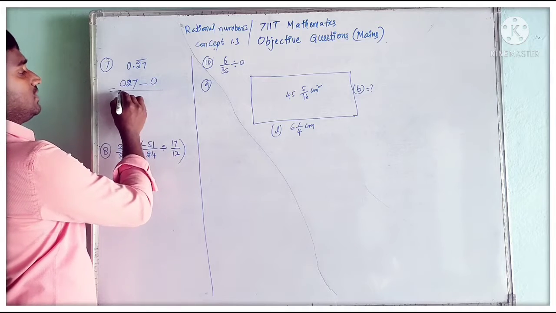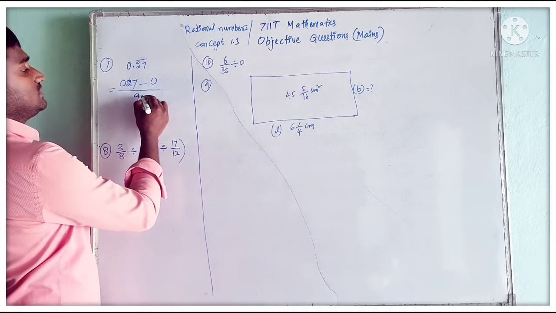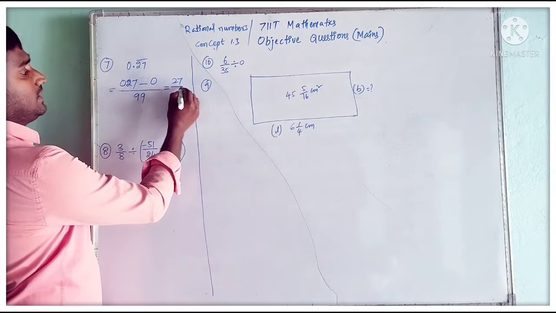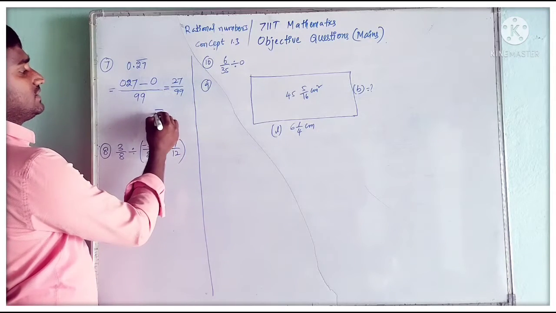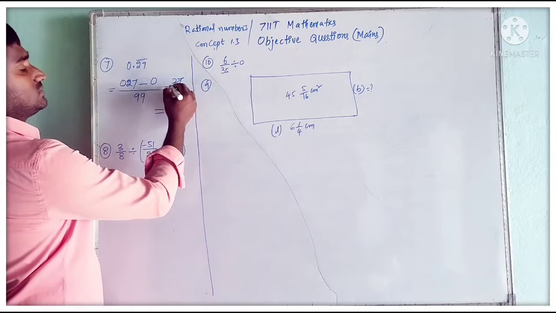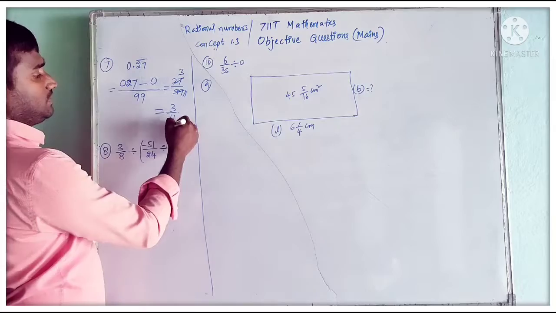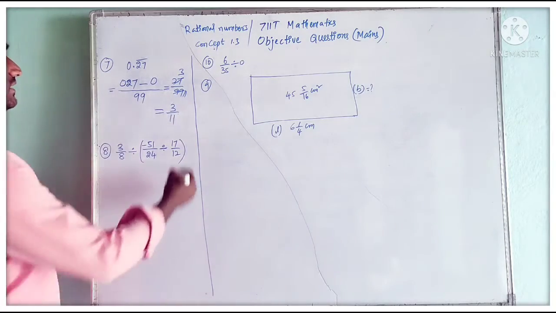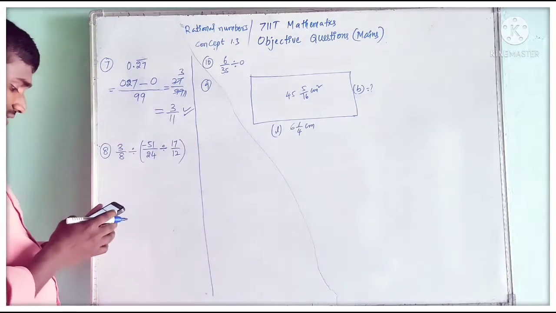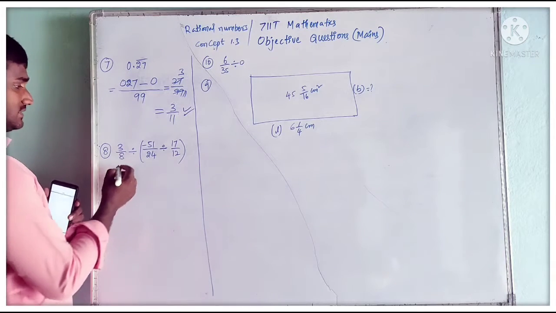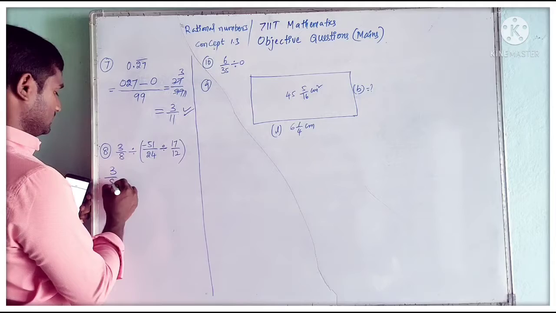After the decimal point, how many digits are repeating? 2 digits. 2 digits means 2 nines. So that is equal to 27 by 99. Check whether any cancellation or not. 9 3s are 27, 9 11s are 99. So which is equal to 3 by 11. 3 by 11 is the correct option for that. Which is the correct option? Option 3. Yes.